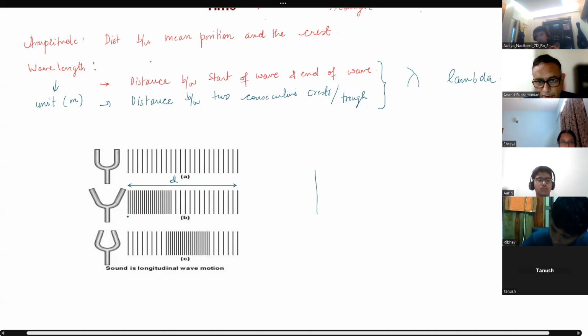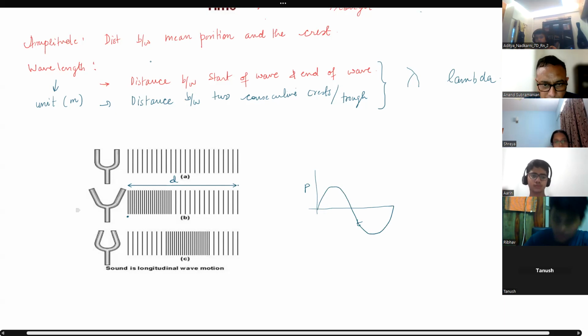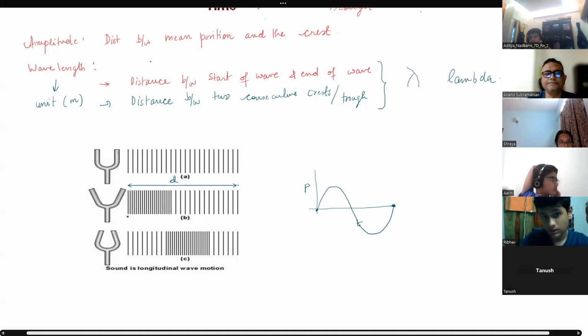If I were to look at this in the form of the pressure time diagram, this is the peak here. And what about this point? This point is representing the trough. So from the starting point to the ending point, this is nothing but one wavelength.